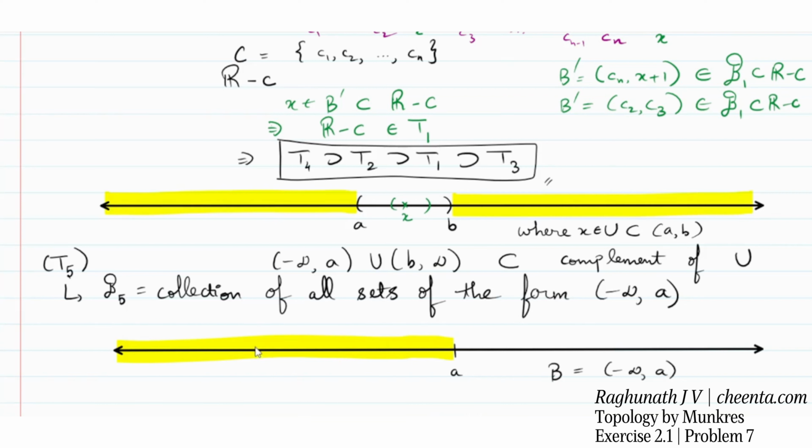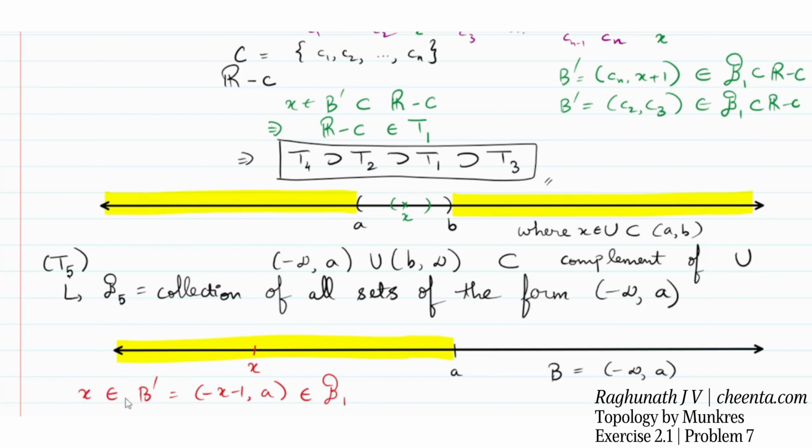In the sense, if you take any element x, then obviously B prime could be minus x minus 1 to a, which is a basis element in B1, right? Minus x minus 1 to a is a basis element in B1 because all open intervals are basis elements in T1. And it also contains x.